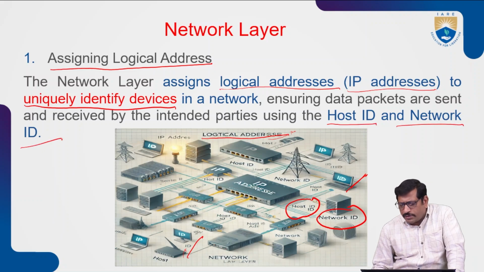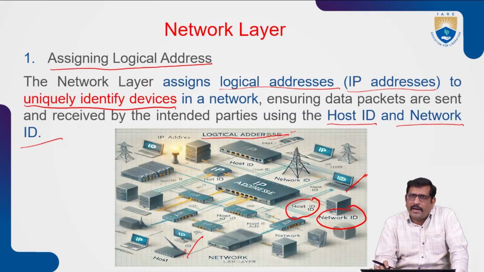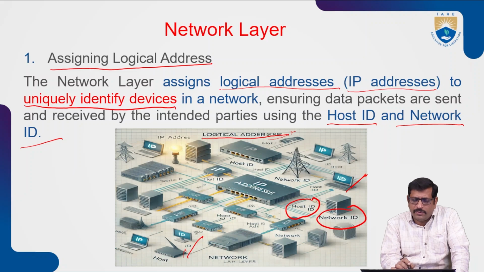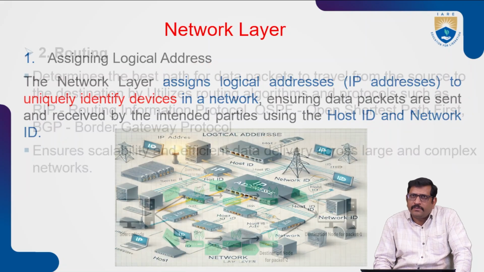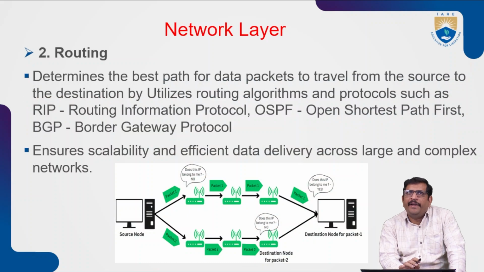With these identifications, packet delivery and packet receiving can be done over the network. This is a large area network. In large area networks, the devices can be identified with the host ID and network ID, and we can identify in which network the host is working.